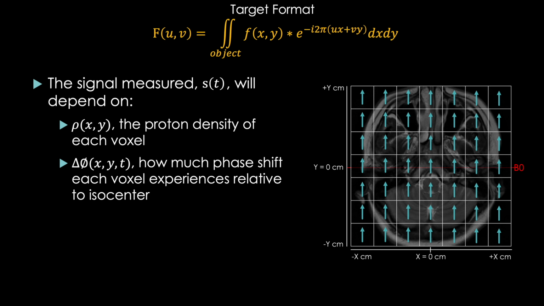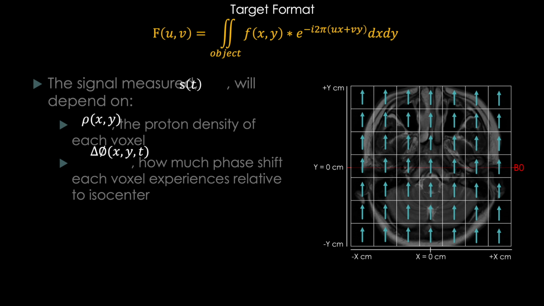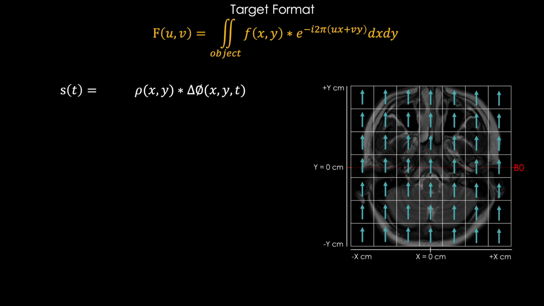Delta phi, the change in phase relative to our isocenter voxel, will be a function of the voxel location within the slice xy and the amount of time these voxels experience different rates of rotation. This gives us a nice starting point for our formula.